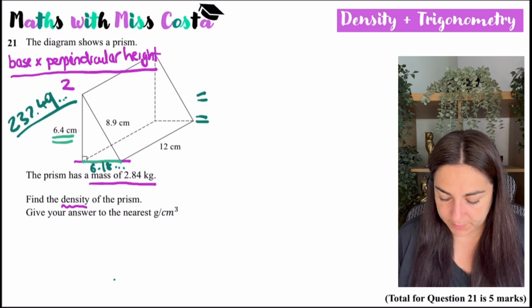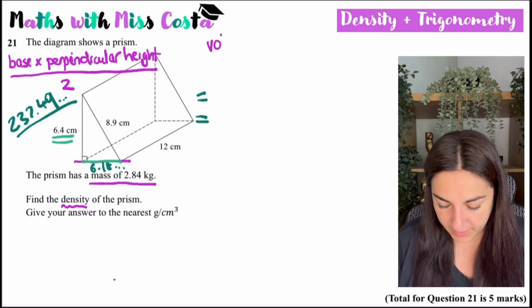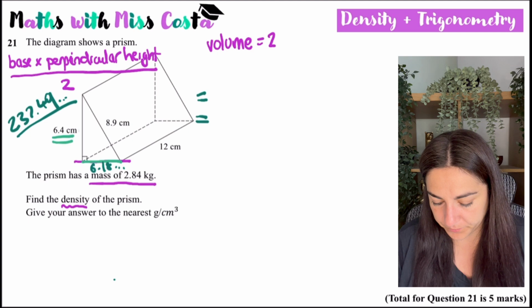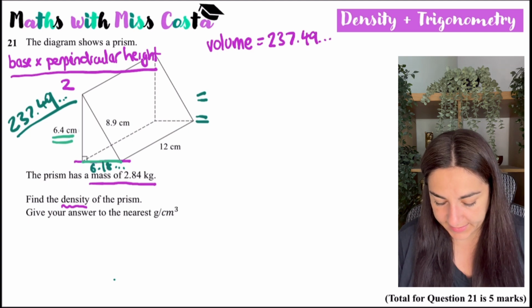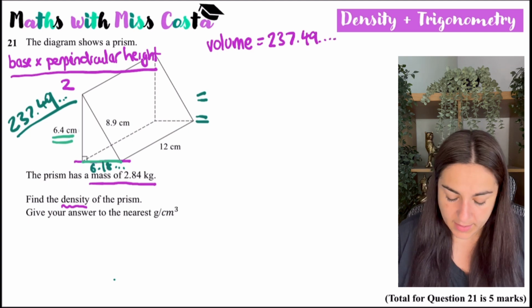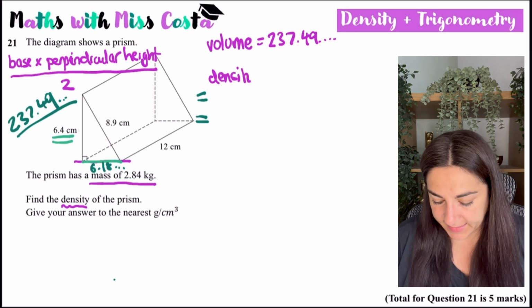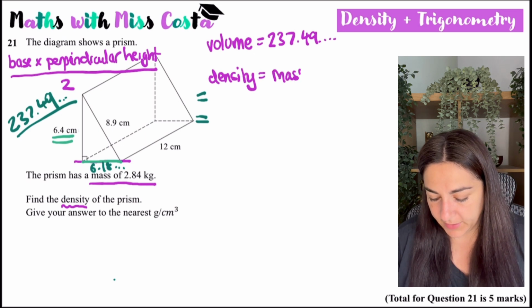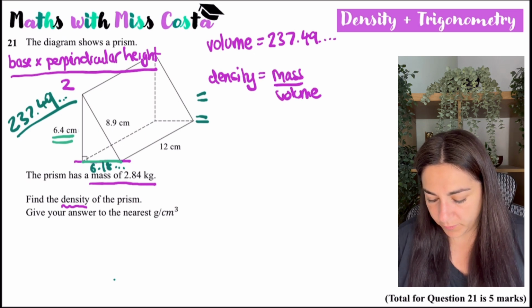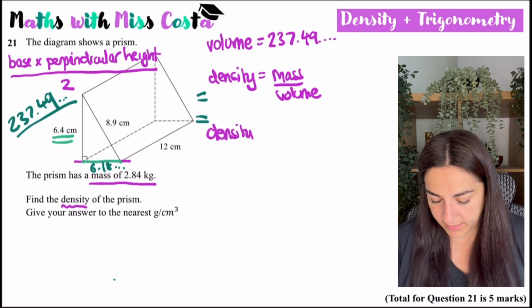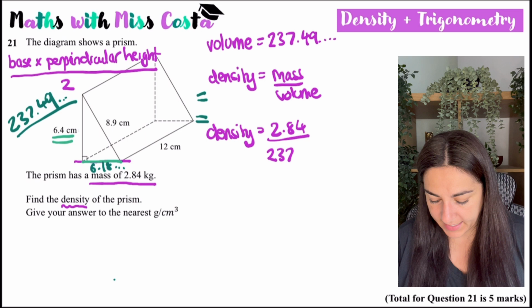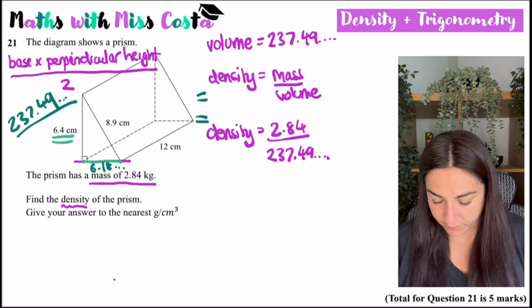And I've lost my calculations, hopefully you won't, but the volume is 237.49, and I need to work out the density. So what did it say density was? Density is mass over volume. They've told me what the mass is, which is 2.84, and I've worked out that the volume is 237.49.